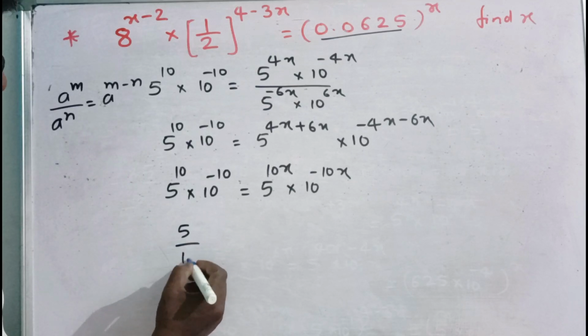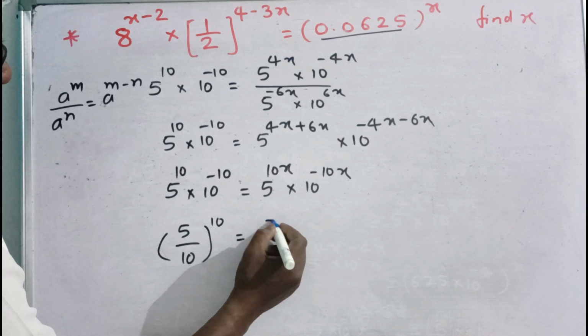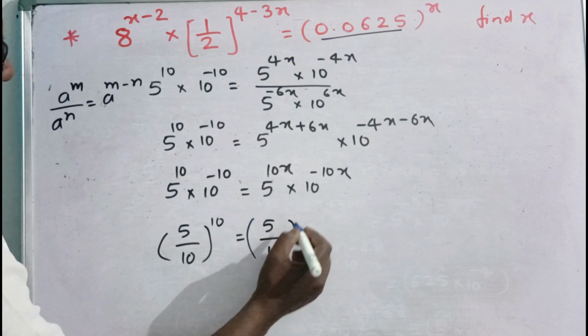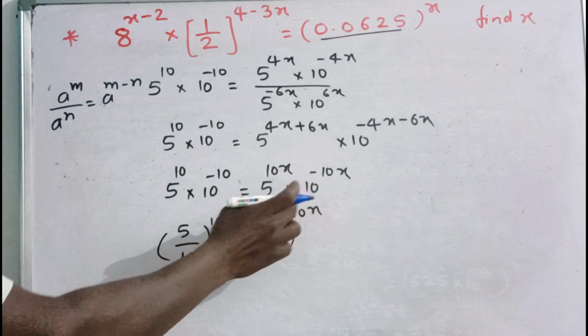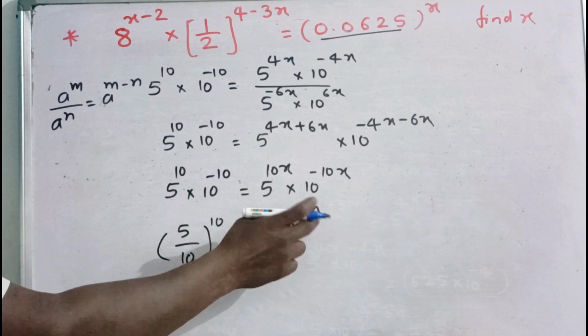So 5 by 10 raised to the power 10 is equal to 5 by 10 raised to the power 10x. यहाँ नीचे चला गया, ये यहाँ नीचे चला गया, पॉजिटिव 10 बन गया.